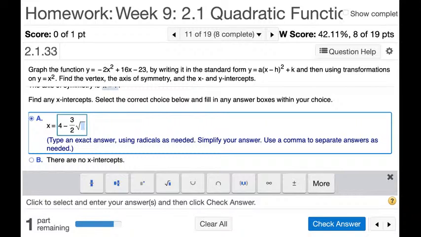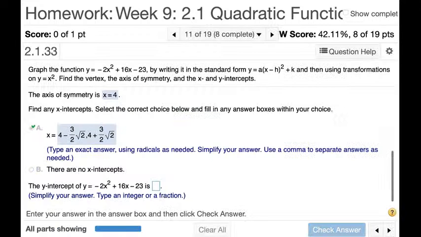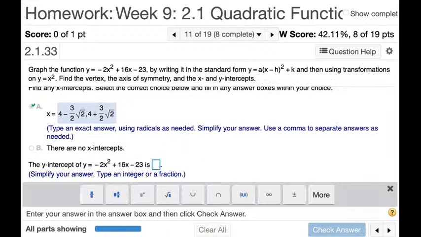And then we got the same thing, so I'm just going to copy and paste, and instead of minus, it becomes a plus. Okay. The y-intercept we got was -23. Integer fraction. The y-intercept, we got -23. I'm just going to type -23. Okay.